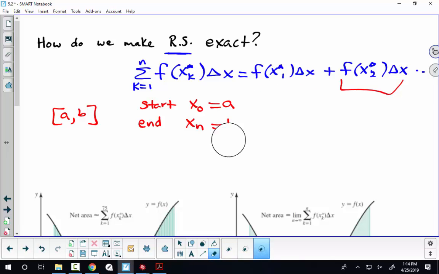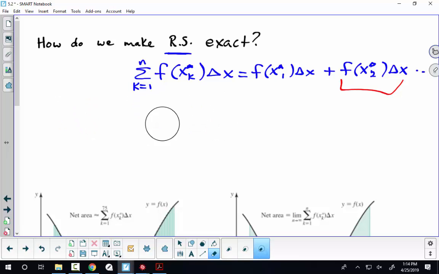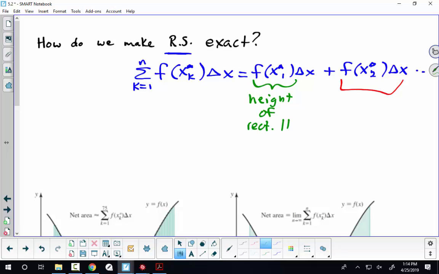So this is giving us the height of rectangle number 1. Let me erase all this other stuff. This was in 5.1. So this is the height of rectangle number 1, and delta x is the width of the rectangle, the width of the base. Just for ease, we'll keep all of the widths the same. That's why we see delta x in every one of those.